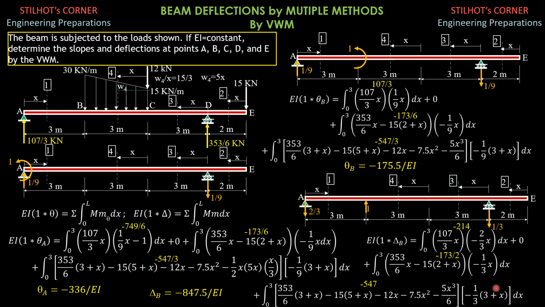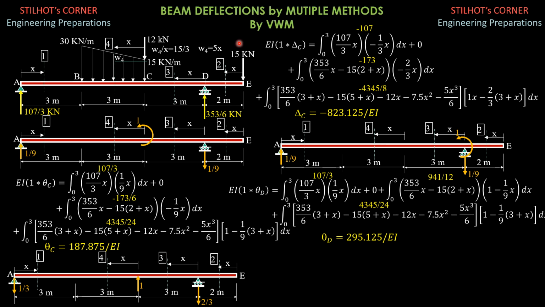So, using your high-tech calculator, the first integral is negative 214, the second negative 173 over 2, and the third integral is negative 547. So combining negative 214 minus 173 over 2 minus 547 is equal to negative 847.5 over EI. So that's the deflection at B.